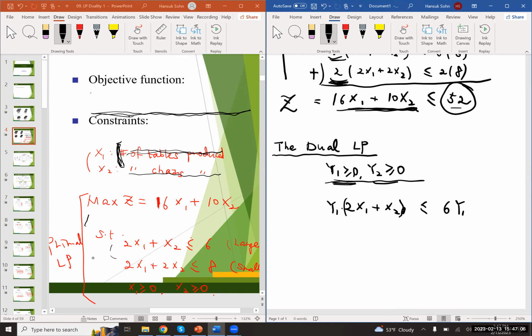Likewise, for the second constraint we multiply by y2, so 2x1 plus 2x2, and then 8 times y2.